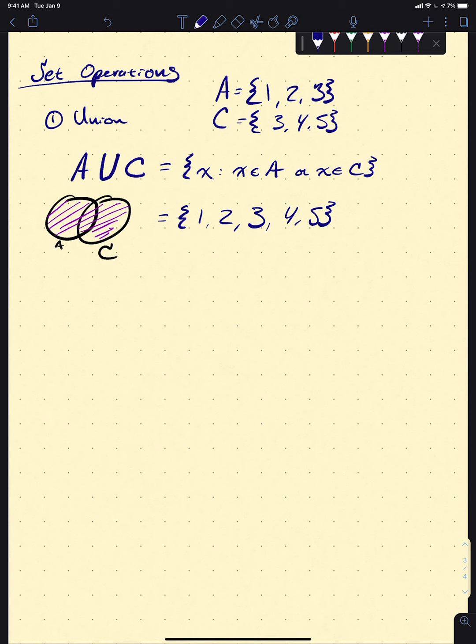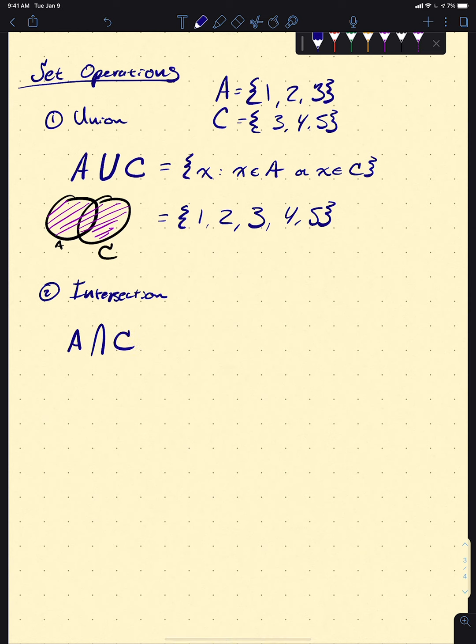The next set operation is the intersection. So I guess I should write that down. The intersection is sort of similar to the union. Instead of this U being up, we actually write it upside down.